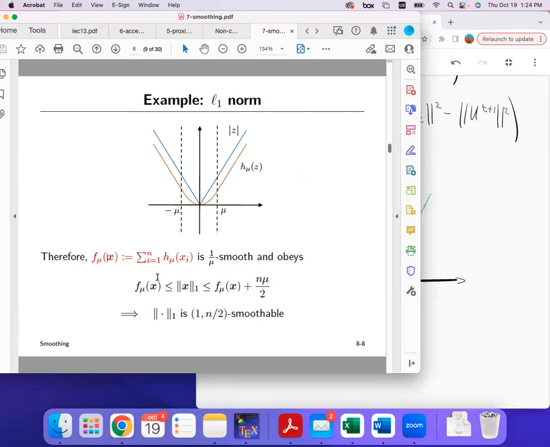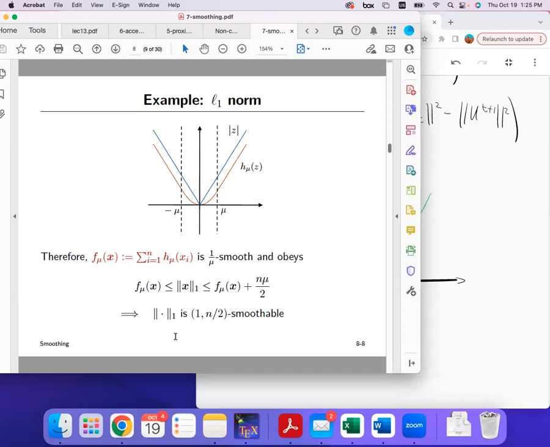And in particular, for such a construction, we can show that the L1 norm is bounded by this f mu function in this way, with n times mu over 2 on the right hand side. This n is the dimensionality of this vector.